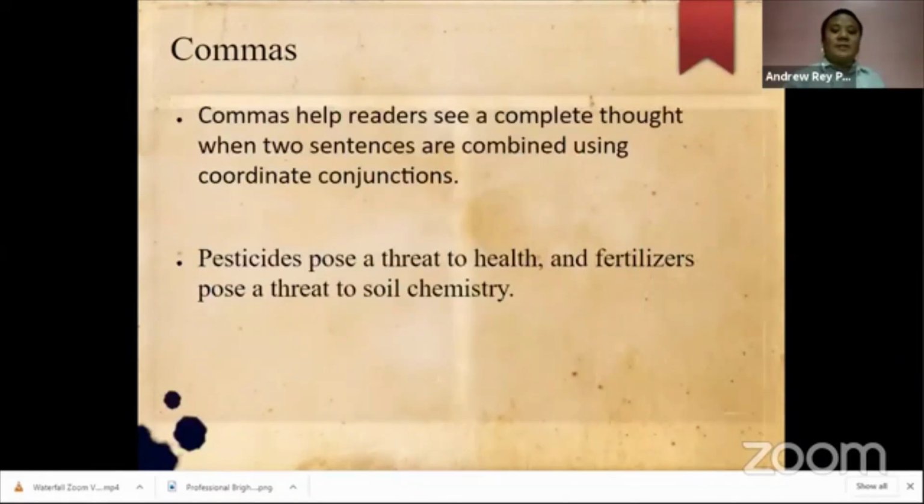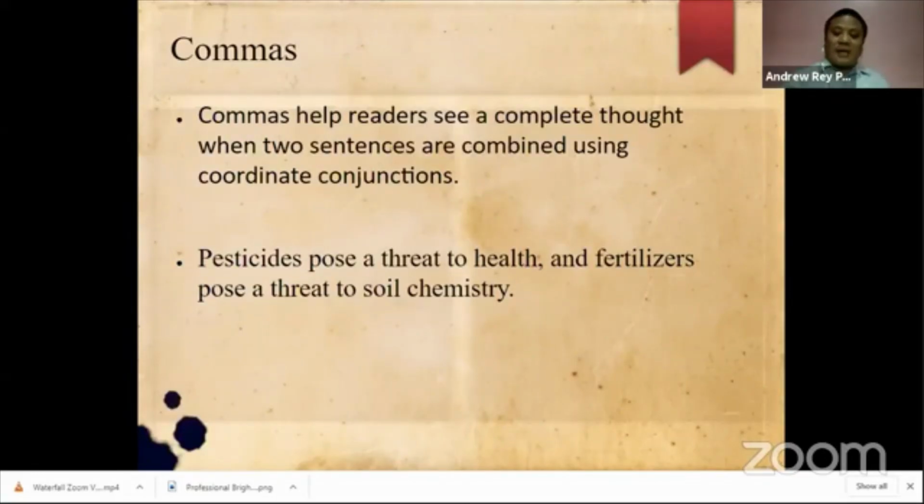Okay, commas help readers see a complete thought when two sentences are combined using coordinate conjunctions. For example, pesticides pose a threat to health. That's one complete thought. Fertilizers pose a threat to soil chemistry. That's another complete thought.